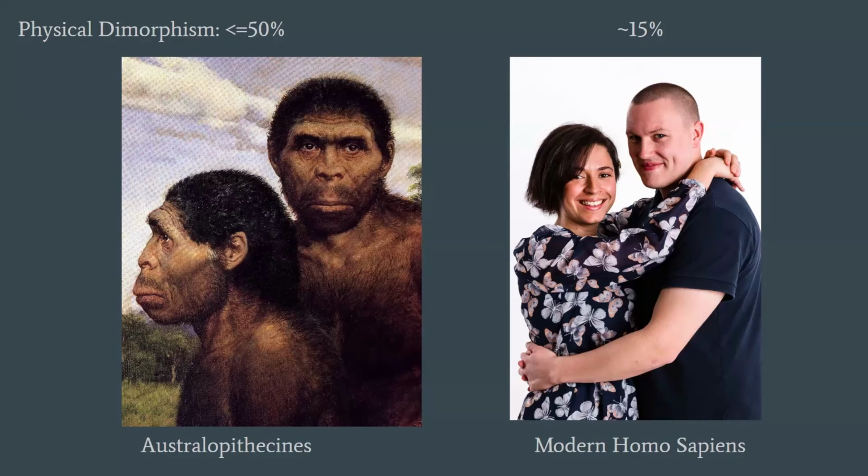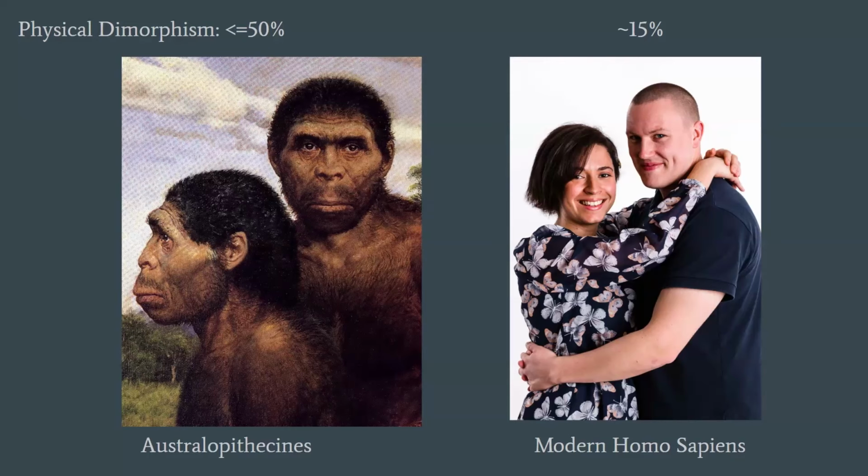A male Australopithecine was as much as 50% bigger than a female. Today, a male is only 15% bigger than a female. So that dimorphism has shrunk a considerable amount.